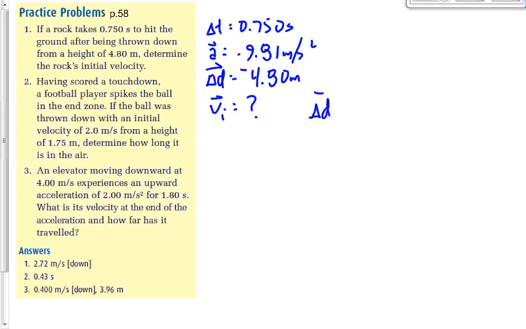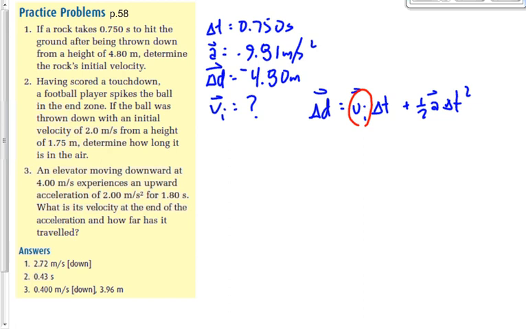Okay, we want to find VI here. The equation that we probably want to use here is D equals VIT plus 1/2 AT squared. That's the one that most people seem to pick, and that's the one that I would probably go with as well. Now we're looking for VI. This is a tough one to rearrange for VI. Remember the rule? Get rid of what's not attached first.